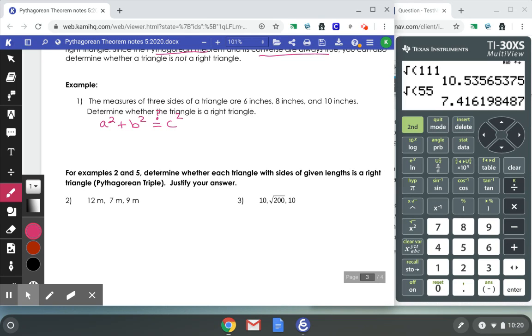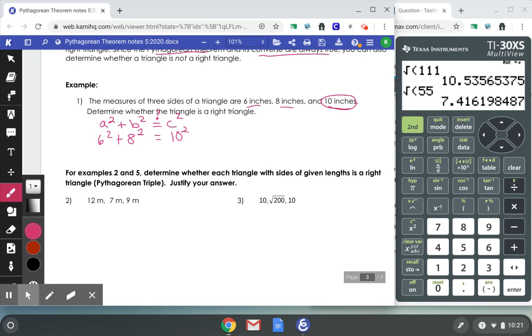So regardless of the order of your measures, you have to find the longest side and make sure you're plugging that measure in for C. I always look for that first. So here are my 3 sides, and 10 is the longest, so I'm going to plug that in for C. Then the 2 remaining sides, 6 and 8, I can plug in for A and B.